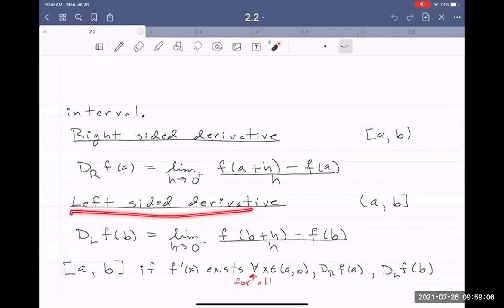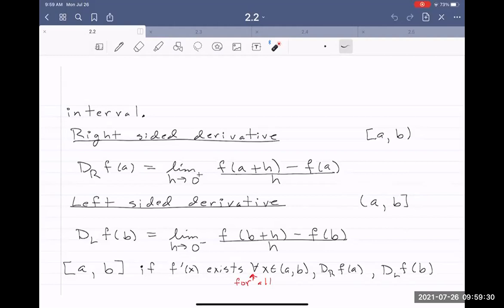Similarly, let's talk about the left-sided derivative, where I try to include a right-sided endpoint. So everything is nicely defined on the left side. It's not defined on the right side. And I want to include this right-sided endpoint.